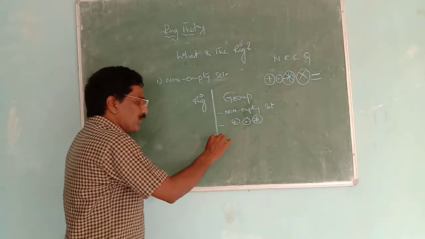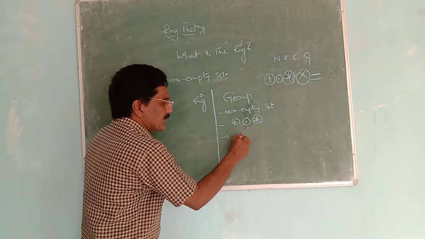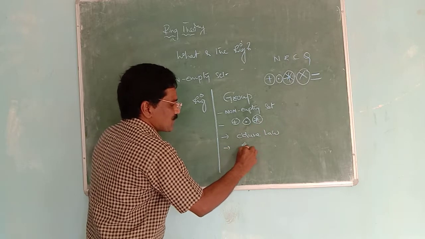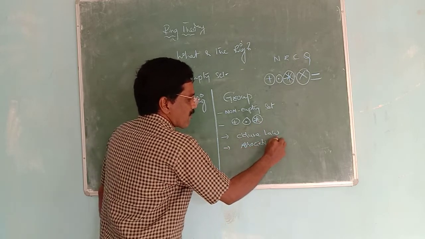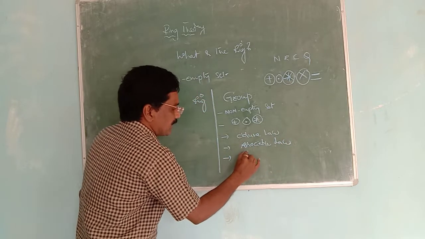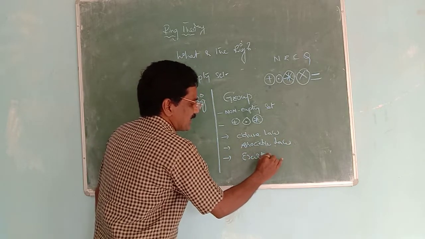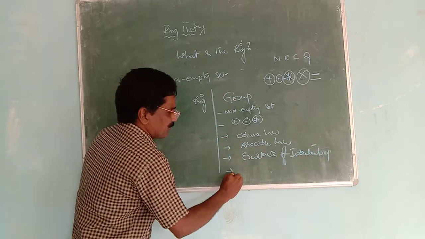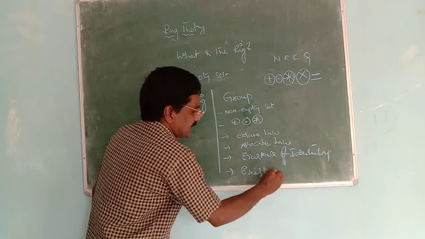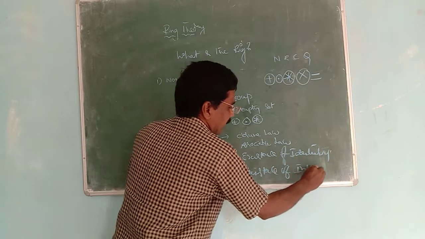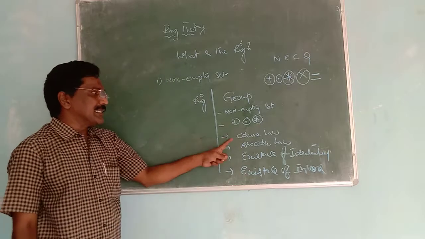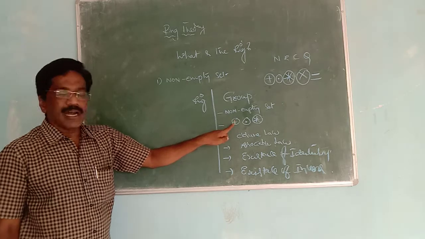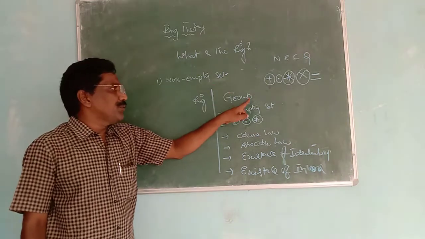And next you have to show four conditions. First, closure law; next, associative law; third, existence of identity; and fourth, existence of inverse. If the four conditions are satisfied in the non-empty set with the help of addition, it is a group.